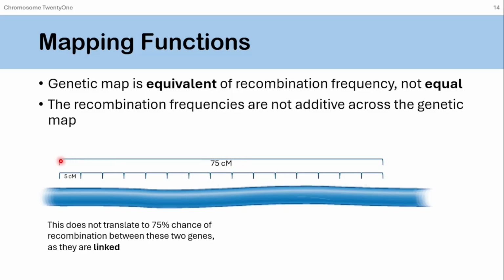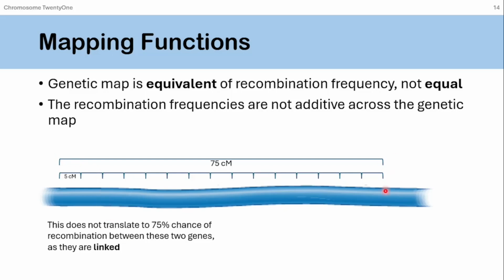But when we translate centimorgan to recombination frequency, it roughly translates as 1 centimorgan to 1% of recombination frequency, so 1% of recombination in the whole population. So when we see a 75 centimorgan distance between two loci, you cannot say that there will be a genetic recombination of 75% between these two loci, because linked genes cannot have a recombination frequency of more than 50%. And therefore this does not add up.